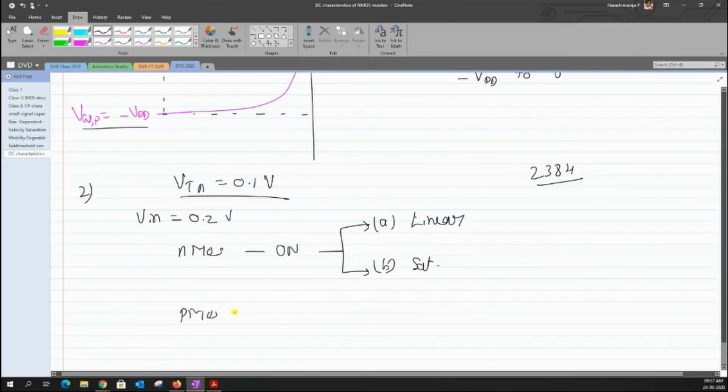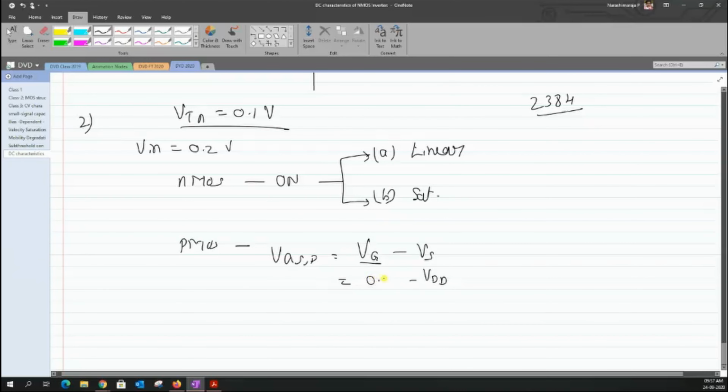Now we have to see whether the PMOS is on or off. Obviously the PMOS is on. The reason is that we have to compare the VGS of the PMOS device, which can be written as VG minus VS. The source is always connected to the supply, and the value that I have fed to the gate is 0.2, which is slightly greater than the threshold voltage of the device.